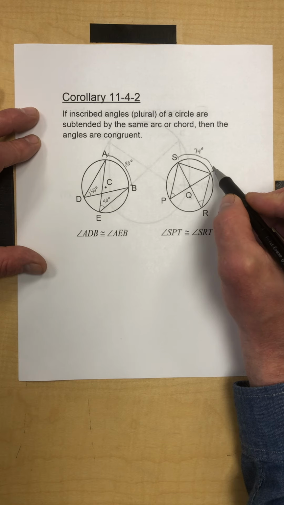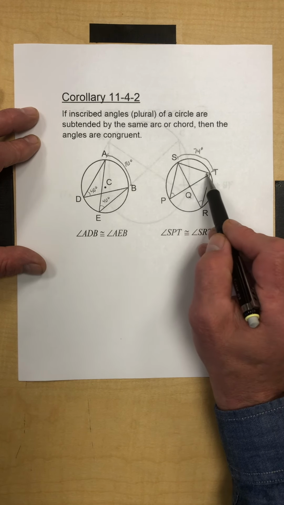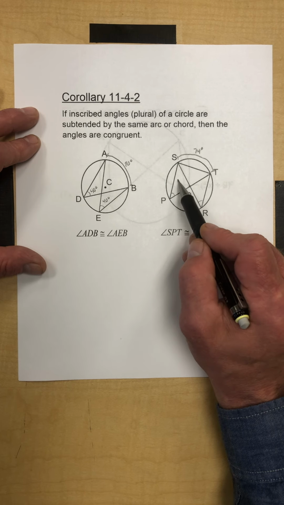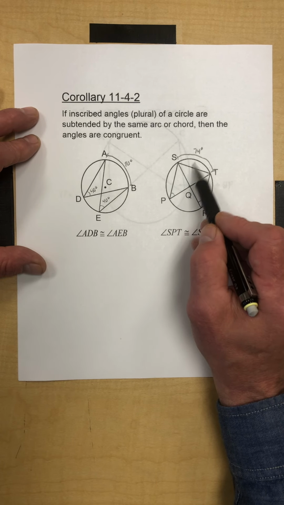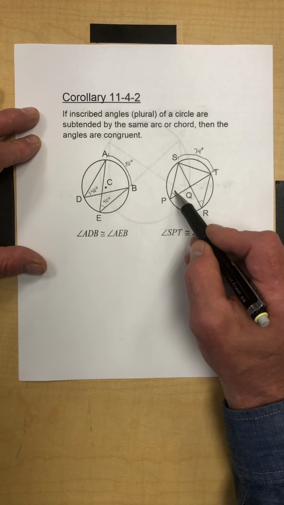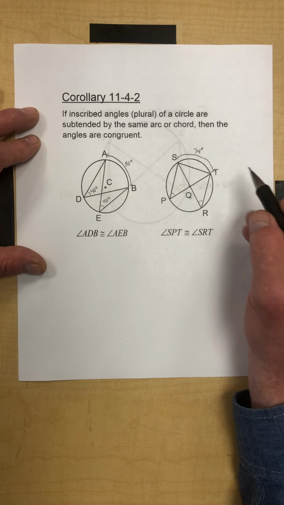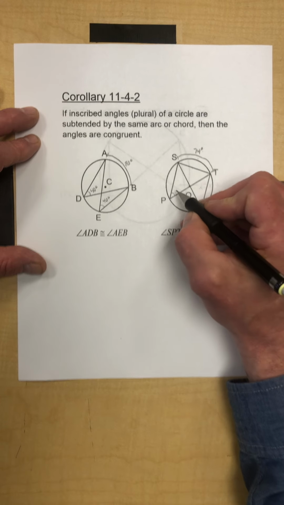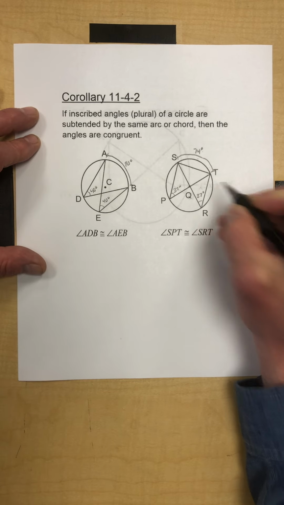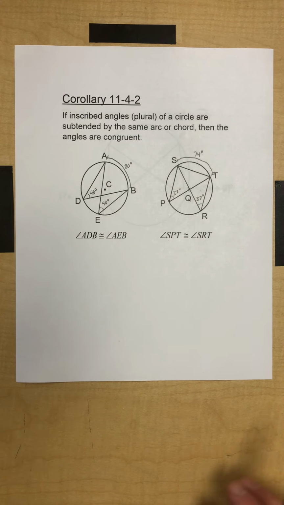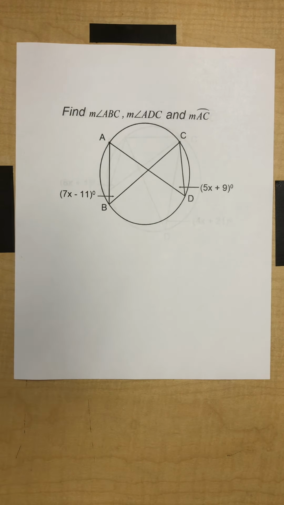If that arc is 74 degrees, and that arc is subtended by this segment, which is a chord, then both of these angles, which are both inscribed, are subtended by the chord and therefore the arc. Both of these angles have to be half of the measure of the intercepted arc. Half of 74 is 37, so that has to be 37 and that has to be 37, and clearly those two inscribed angles have to be congruent. So pretty easy to work with, not a hard one.